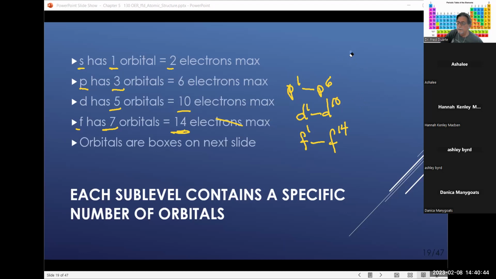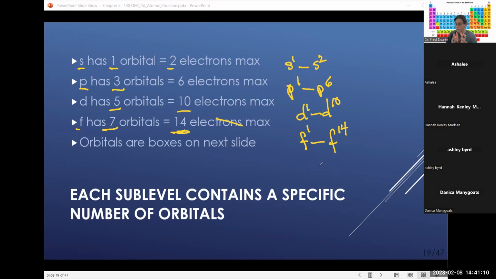We'll throw in the numbers in a bit. So the s can be written from s1 all the way to s2. There's 2 electrons. The p's from p1 to p6, d1 to d10, f1 to f14. So the superscript denotes how many electrons there are in that specific orbital.